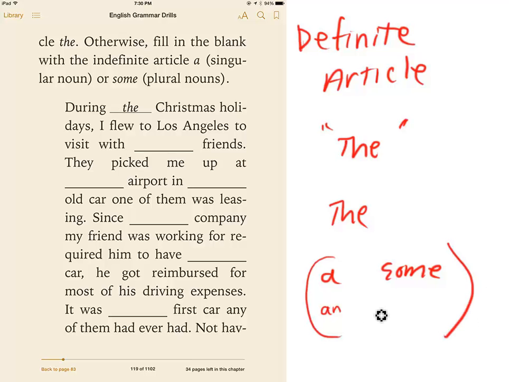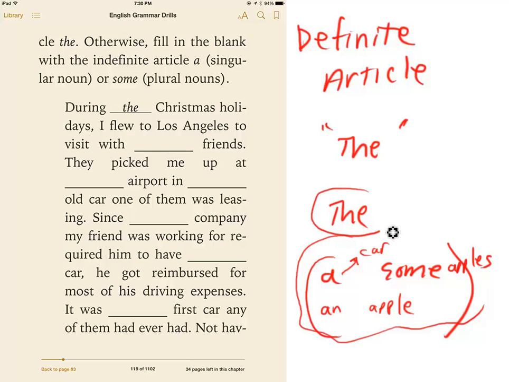An apple, or a car, or some apples if there's more than one apple. So those are the indefinite articles you're using if you need to, and if it's a defined article, as the ones we've already discussed, you're going to use the word the.